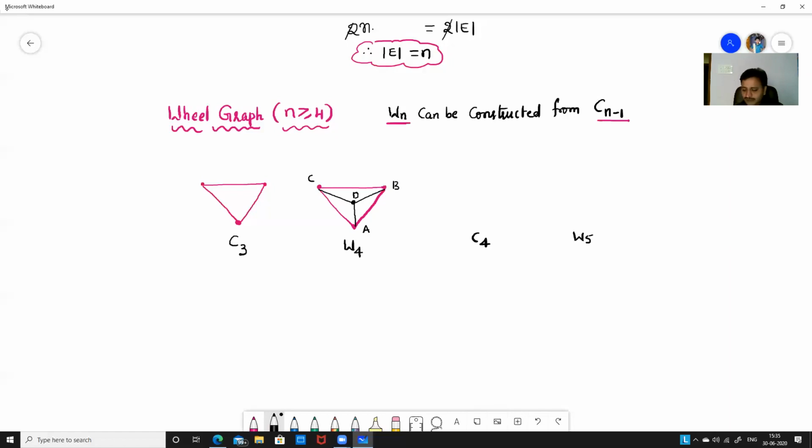Let me take W5, derived from C4. First, let me see what C4 is. Let it be A, B, C, D. There are four vertices. Now you want to construct W5. I can take C4 as it is.